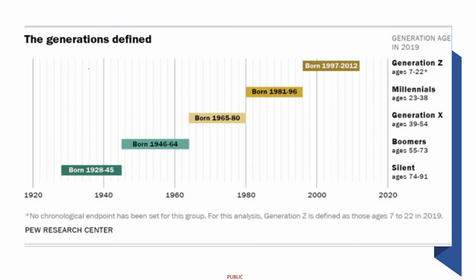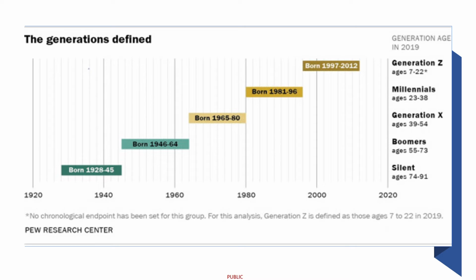Number one is 1920, they are the greatest generation, as you can see from the first picture. Then in 1940, those born from 1928 to 1945 are called the silent generation. Their age is 74 to 91. Then we have 1960, born from 1946 to 1964, and they are called the boomers.